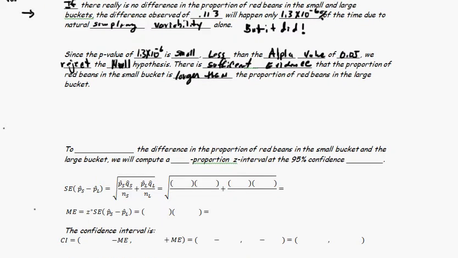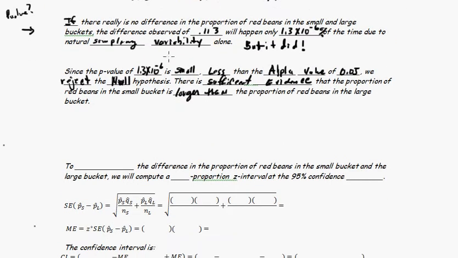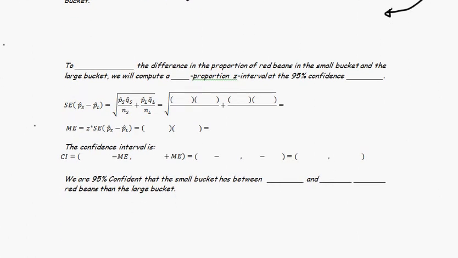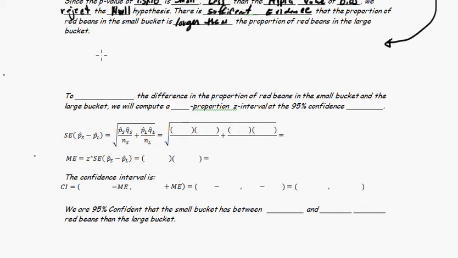So that's our conclusion. Now you don't have to interpret the p-value unless they ask you. A lot of times on a test, it will come after you draw your conclusion. The key thing here is to make sure you say whether you are rejecting or not, and why, and then add some contextual information.